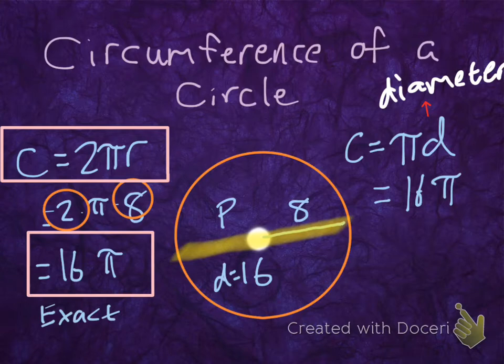Okay, I'm not going to ask you to do a problem that we just did. We just did an example together. I'm not going to say, okay, the radius is 2, find the circumference, because you can do that.